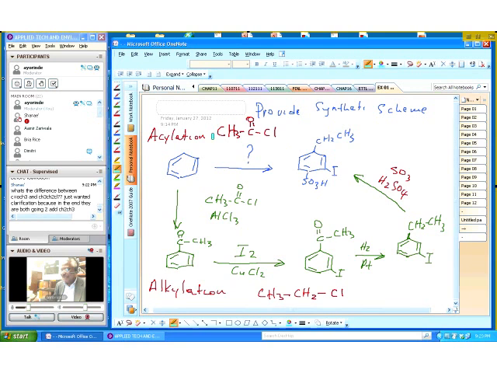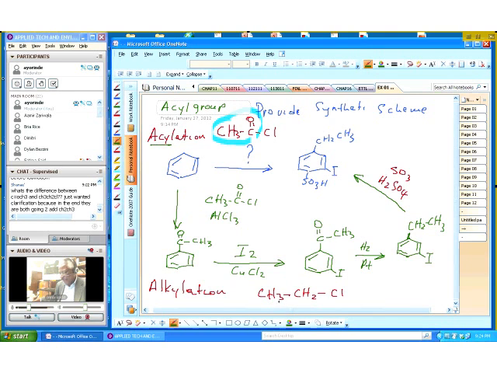Anytime you have this kind of group, an alkyl group attached to the carbonyl, we call that an acyl group. And that is why we call this acylation.